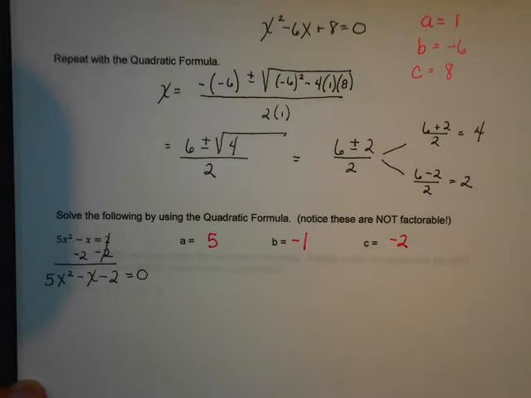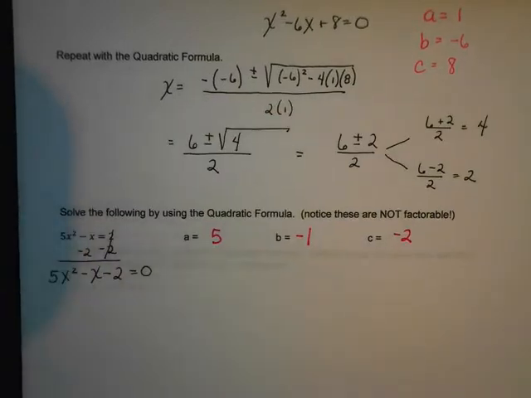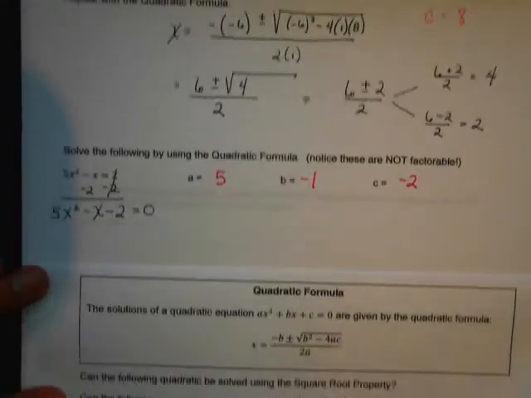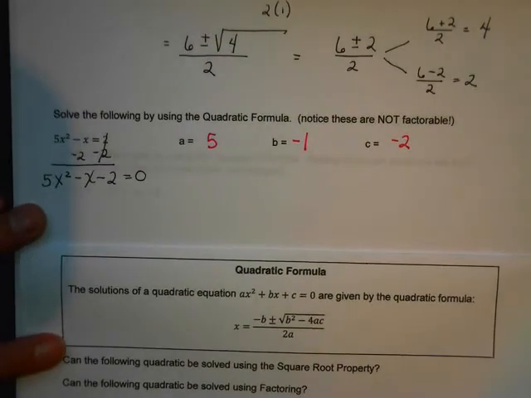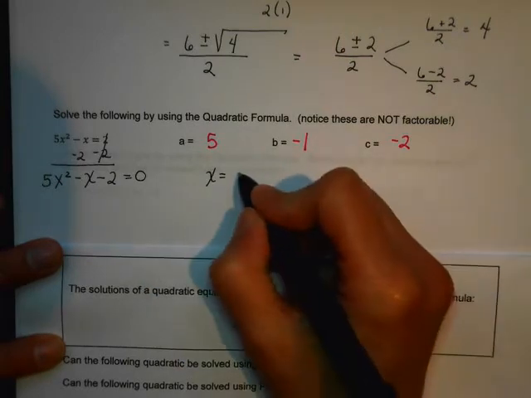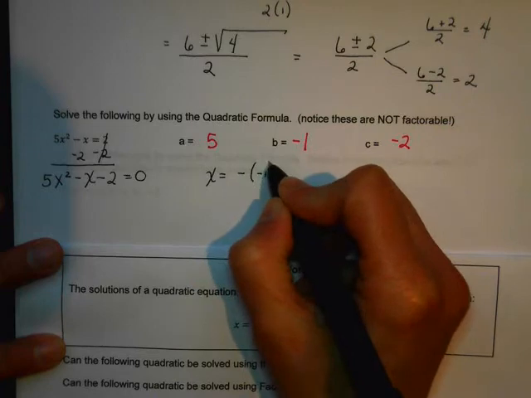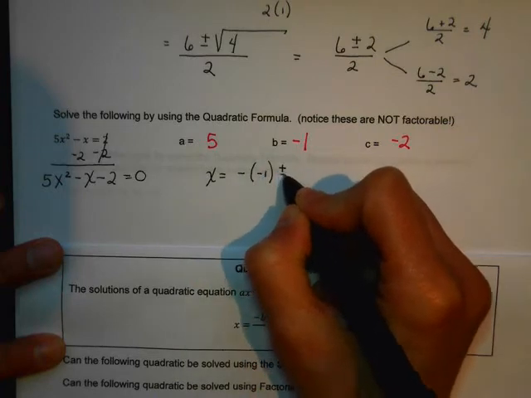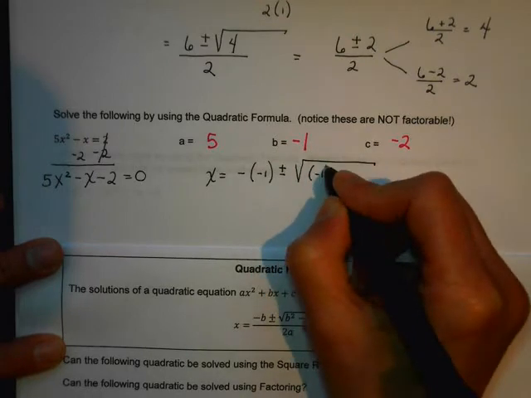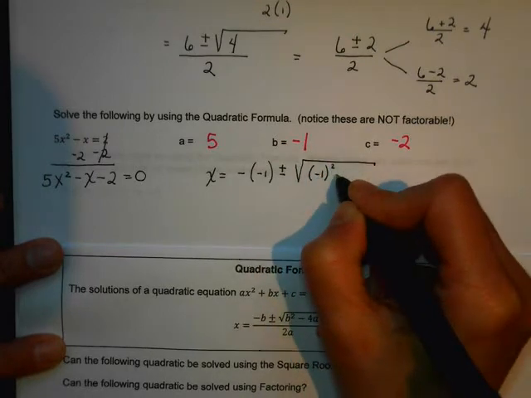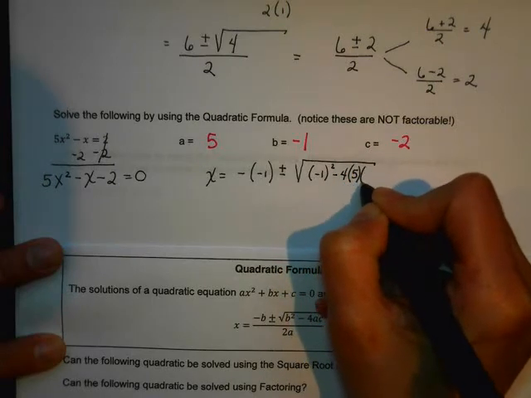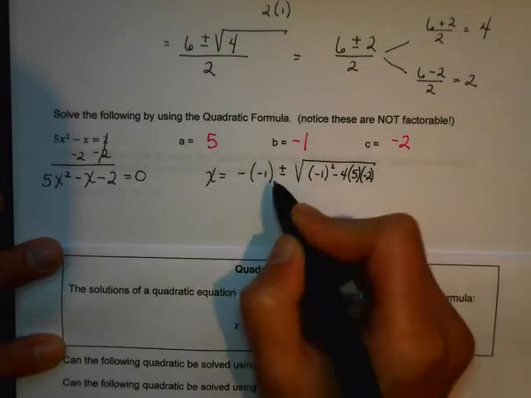So here's what the quadratic formula is. You ready? So x equals negative b, negative of whatever b is, plus or minus the square root of b squared minus 4 times a times c, the whole thing over 2 times a.